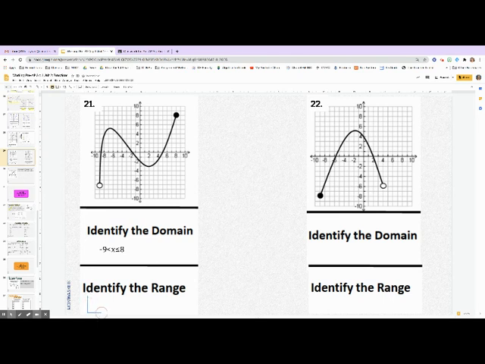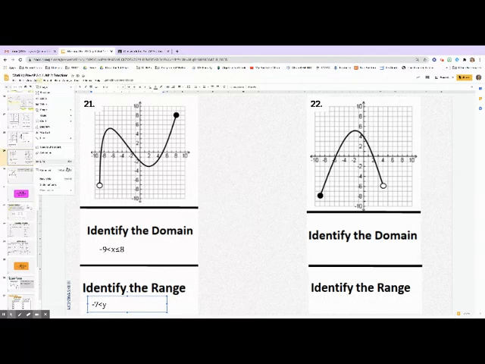Okay, now the range. The range is how far down it can go. So it goes down to this, but then the lowest is actually right here, -7. It's not included, so we're just going to put less than y. And then it goes all the way up to this 8, so less than or equal to. So -7 all the way up to 8.